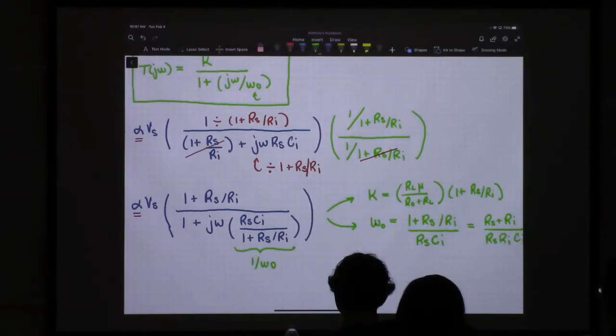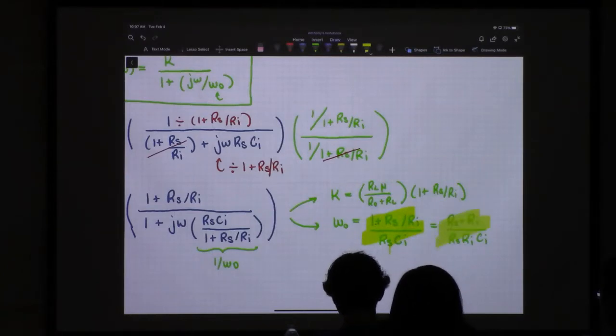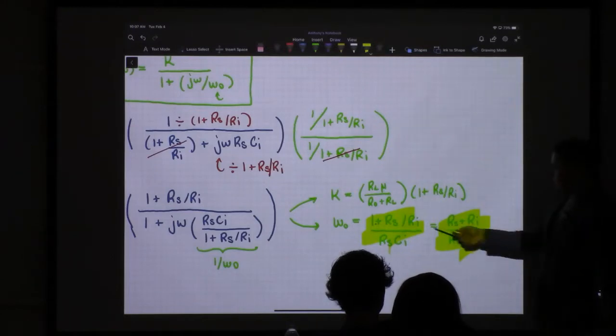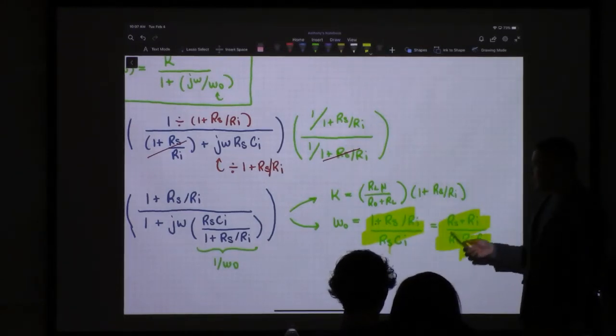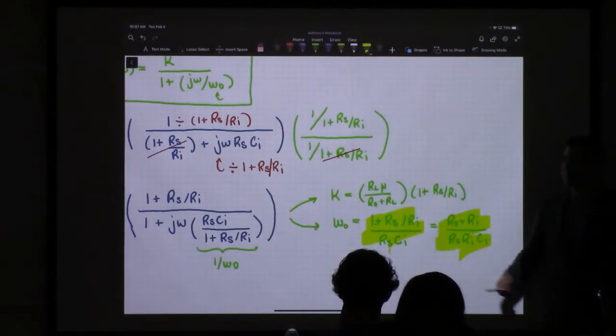And then the omega naught is this value right here. In the book they use this version of it, which is just essentially if you multiply both the top and the bottom by Ri, it gives you that. But you could just write it like this.